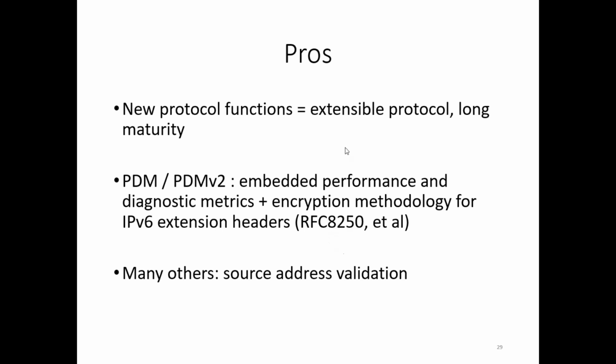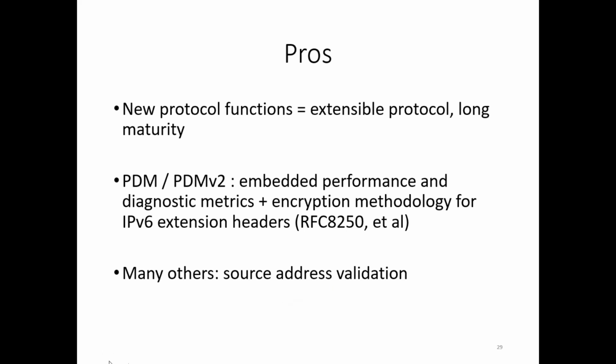So I really believe that we need something like embedded performance and diagnostic metrics in each packet. Again, I feel like it was a major flaw in the protocol since day one, and I believe we are adding it back where it belongs. And we are getting some validation for this. As you will see, it has been accepted into the IAB workshop on how to monitor encrypted traffic. We'll talk about that in a moment.